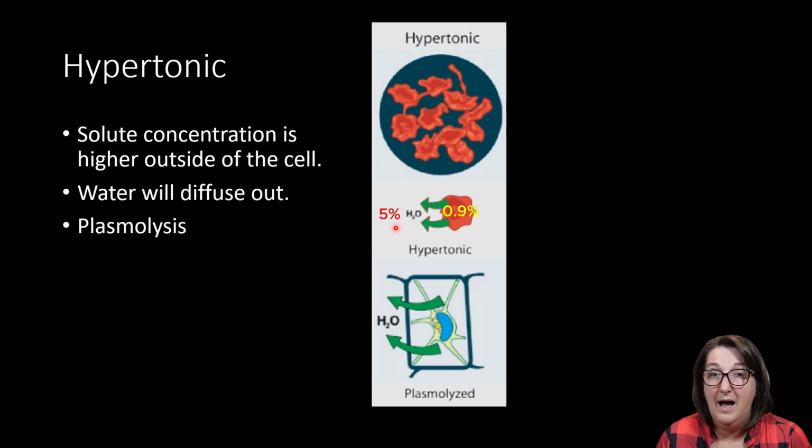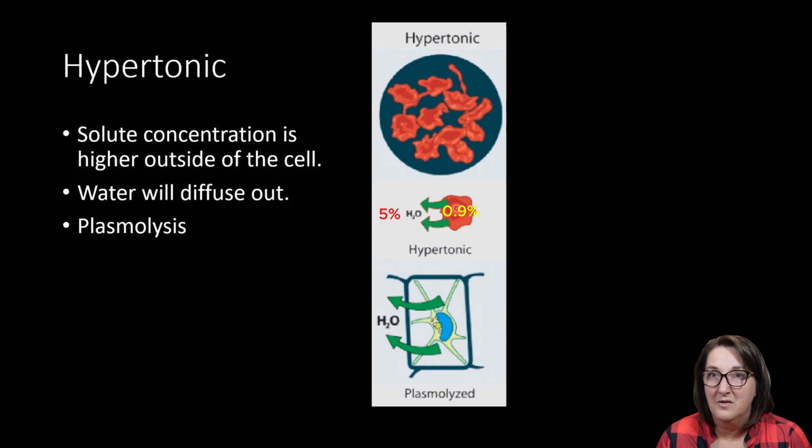So I have a higher concentration of salts out here, so that means I have less water. I have more water inside my cell. Remember, if I have 0.9% and, let's say, 5%, I have so much more salt out here. This water is going to want to leave the cell and go into this 5% solution.